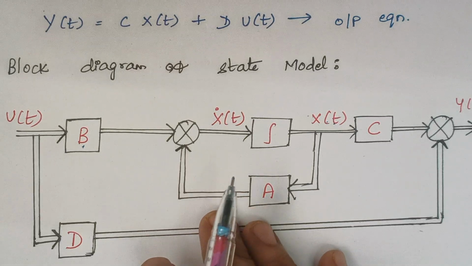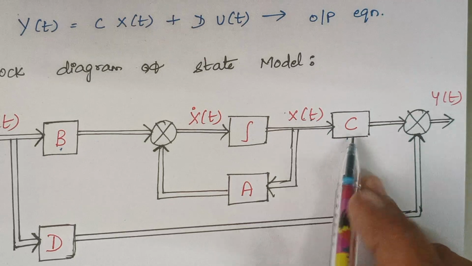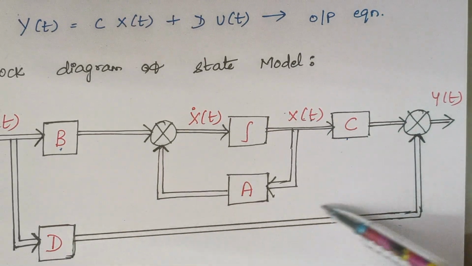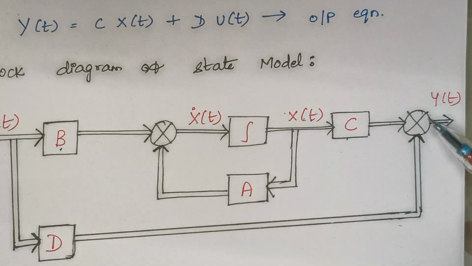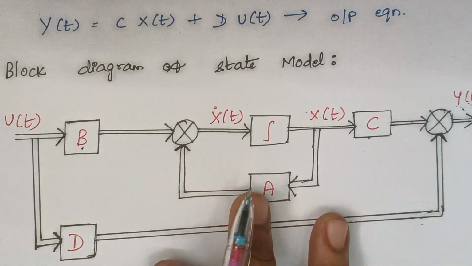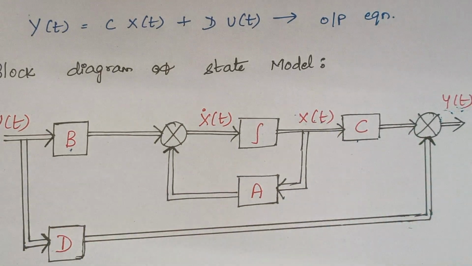Am I making it clear? Then the next thing is we are having C, and again its output is given to a summer, and the output from this D block is also given to this summer, and here we are having the output, the response, that is the output representation y of t. Here the input is u of t and the respective output is y of t.